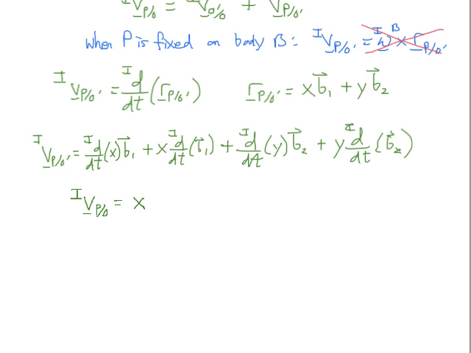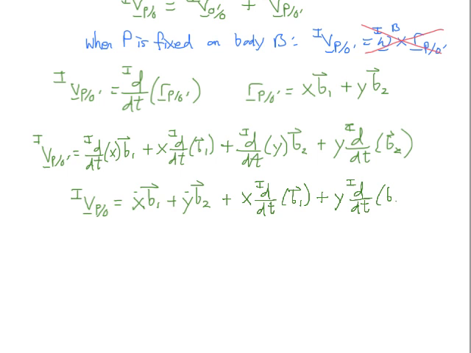And so this ends up being x dot b1 from the first term, and then plus y dot b2, that's from our third term, and then we're going to add to this x times the time derivative as observed in the inertial reference frame of b1, plus y times the time derivative as observed in the inertial reference frame of b2.